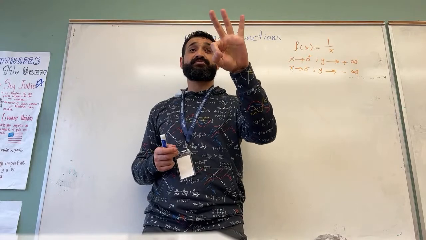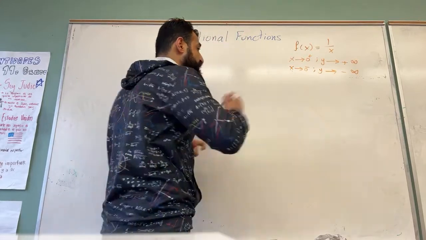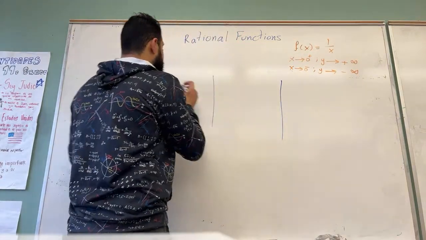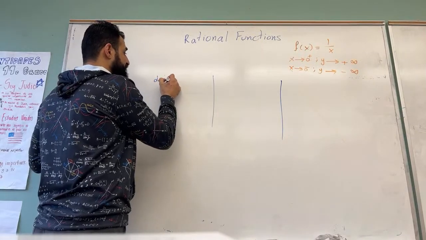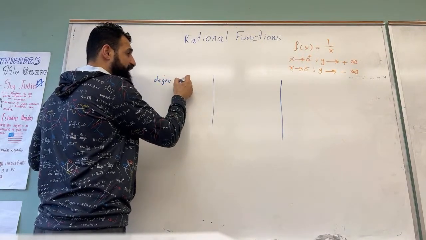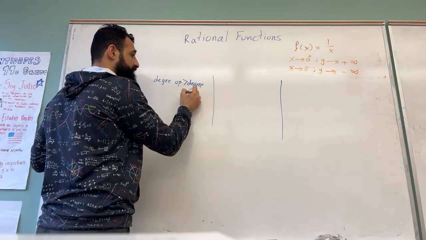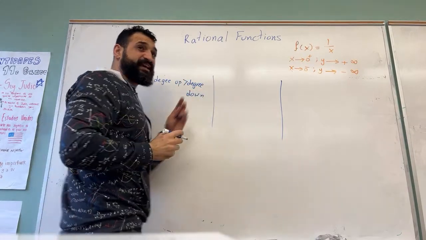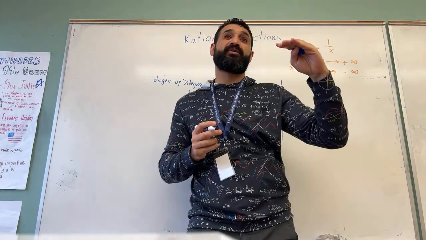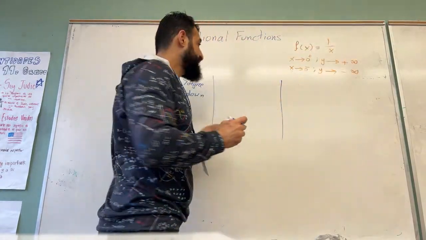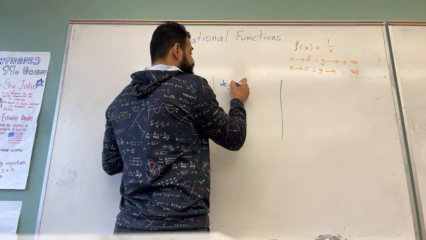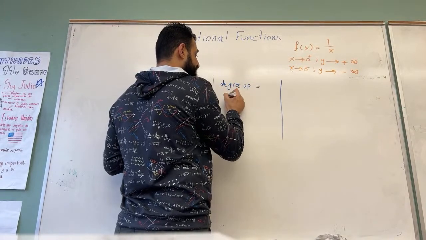It's not difficult, just focus with me. There are 3 types of rational functions. One of them is when the degree of the numerator, I will call it up, is greater than the degree down. Let's say x power 3 up, but x power 2 down. So the degree up is greater. And degree up equals degree down.